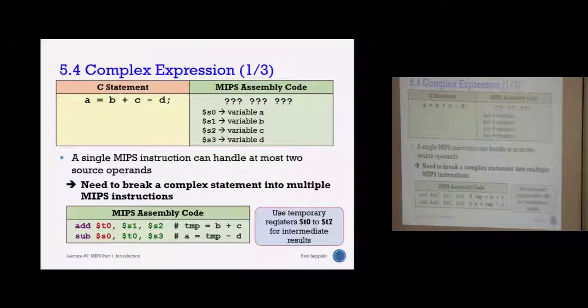So I do this first, and then from this result I subtract D. For example here, I say S1 plus S2 put into T0, and then T0 subtract from S3. Then the result goes into S0. So you need to break up your instruction into multiple MIPS assembly language instructions if it's complicated.